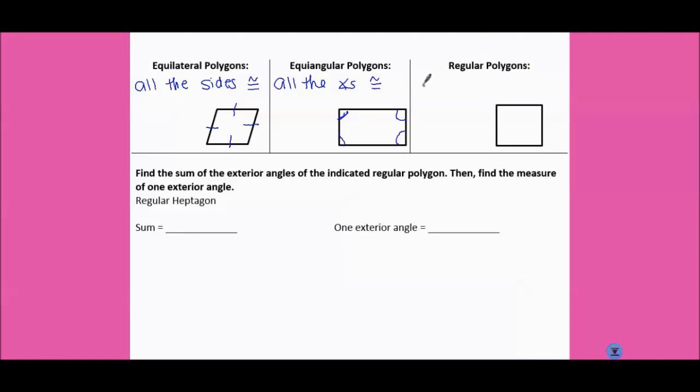And then there's regular polygons where all sides and all angles are congruent. So all the sides are the same, and all the angles are the same.